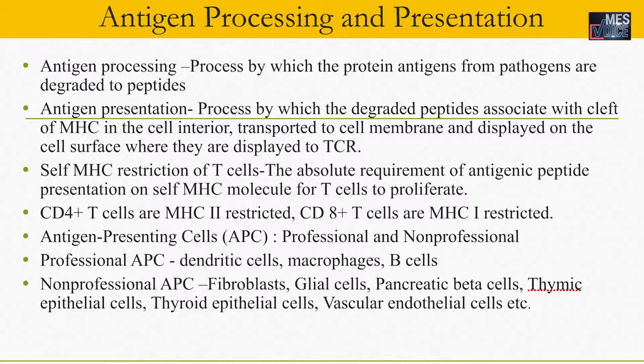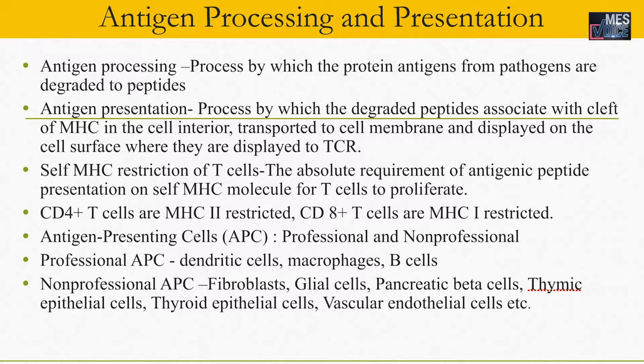Before going to the process in detail, let us understand some of the important terminologies. First one is antigen processing. It is the process by which the protein antigens from pathogens are degraded into peptides. Next, antigen presentation. It is the process by which the degraded peptides associate with the cleft of MHC molecules in the cell interior.